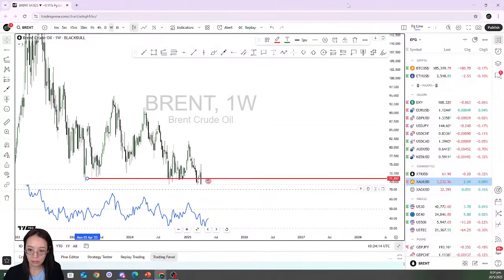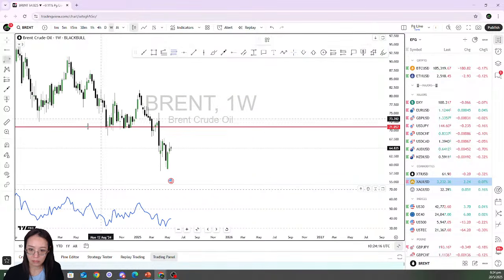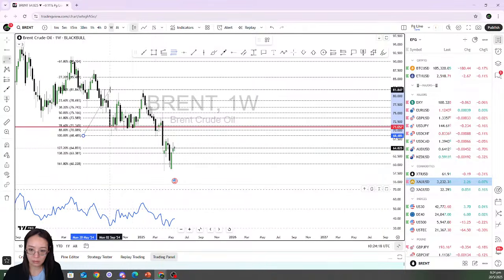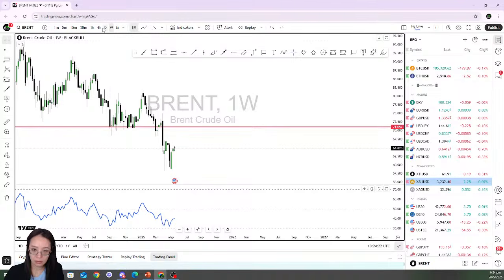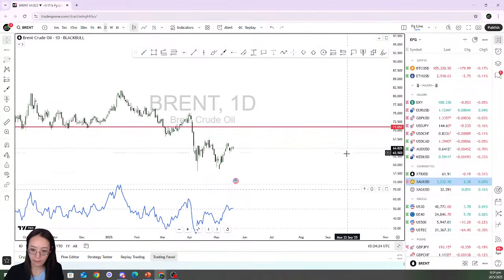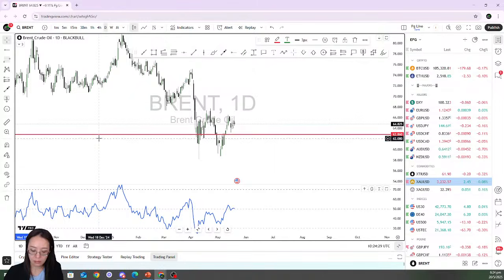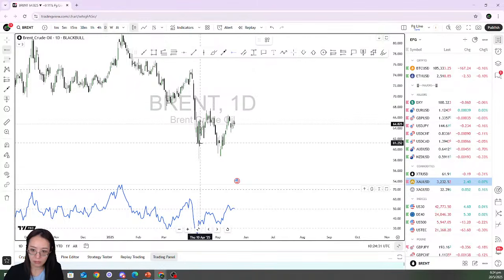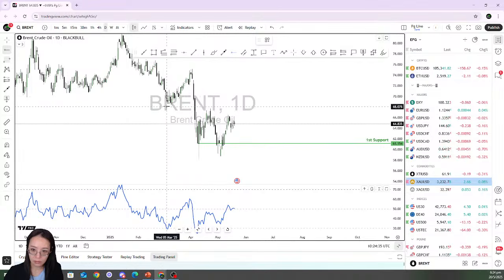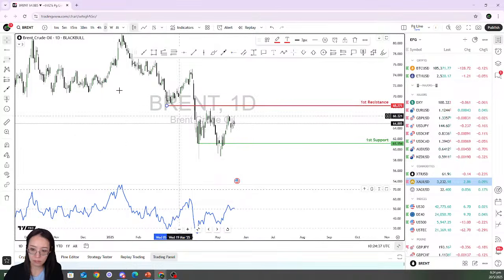Wait. That will be the extension rising. D1. That is your first support. It's going to be your resistance level for the D1 candle.